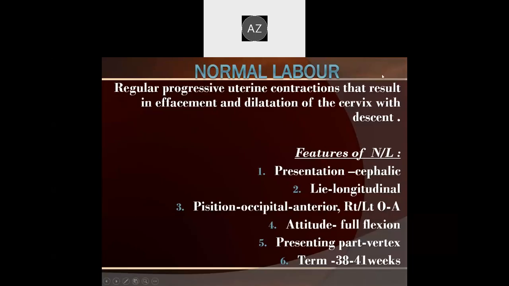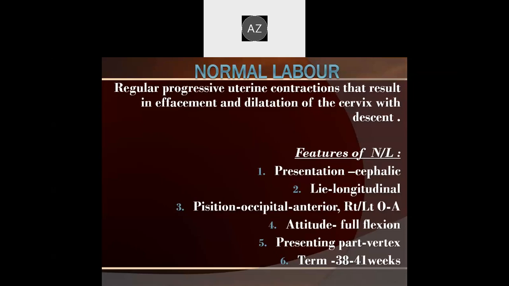We have presentation, which should be cephalic. The lie should be longitudinal when you are doing Leopold maneuver. The position should be occipital anterior, right or left occipital anterior. It can be right occipital anterior, it can be left occipital anterior.